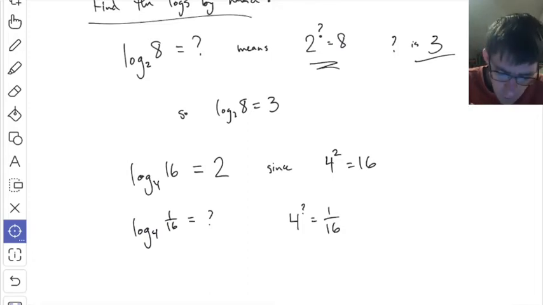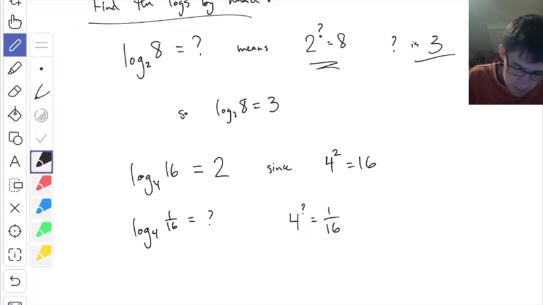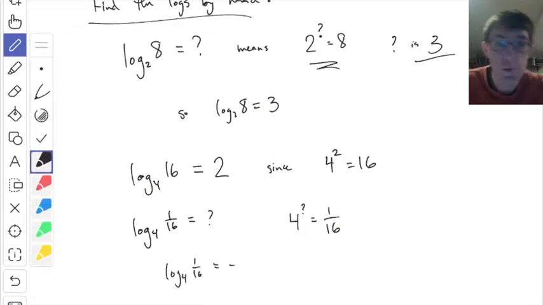Remember, the way you get a fraction from an exponent is by using negative exponents, right? A negative power means 1 over whatever the thing is to that same power. So 4 to what power is 1 over 16? The answer is negative 2. Log base 4 of 1 over 16 is negative 2. If you want some fraction to be the answer when you do the exponent, you better use a negative power.